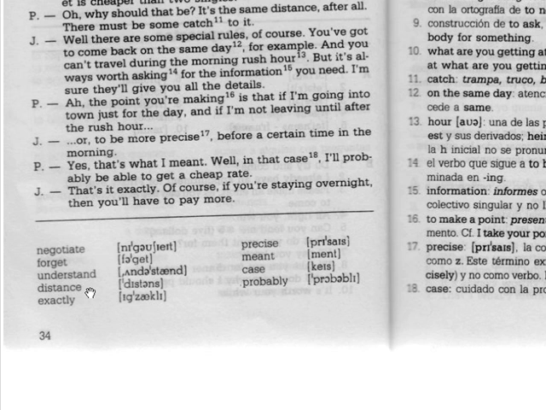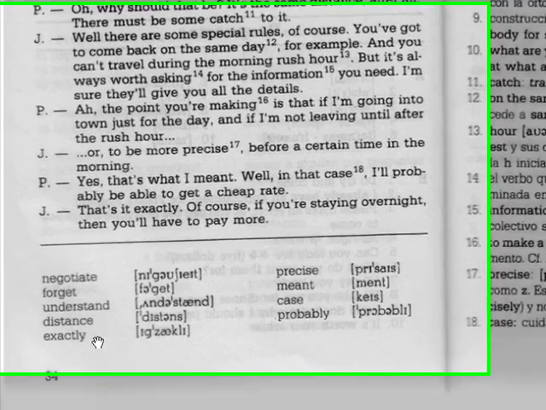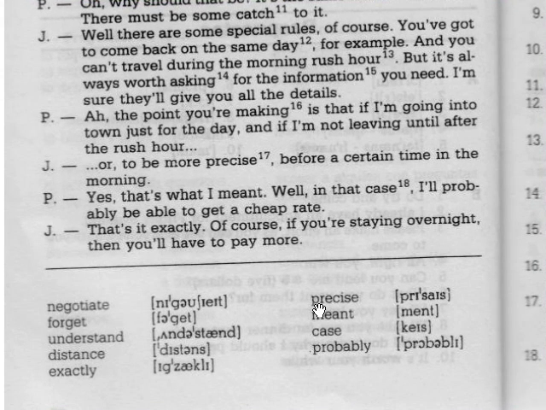Exactly means to be precise. Here we have precise, which can be the same word. Meant is the past tense of mean. Case, in this case, means in this situation, and probably means there's a good chance that this is true.